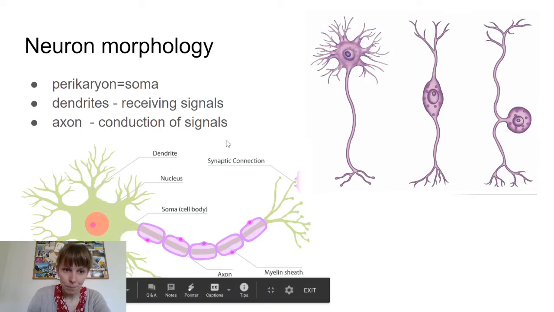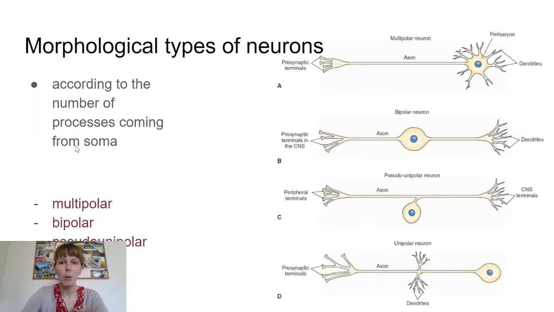These are the properties that every neuron will have. However, they can look different, and these are the basic morphological types of neurons that we can meet in different parts of the nervous system. They can be divided based on the number of processes coming from the soma.